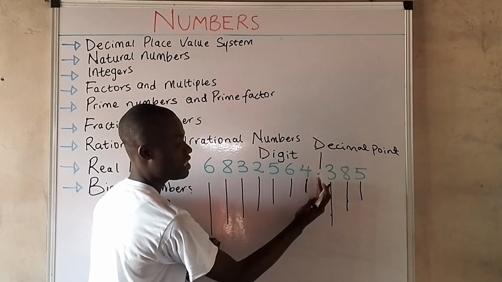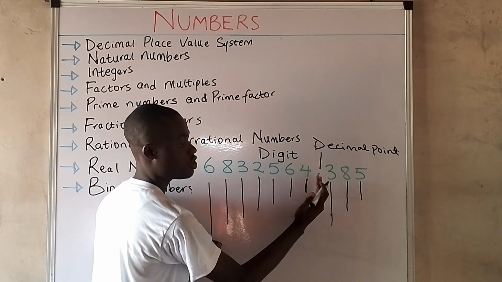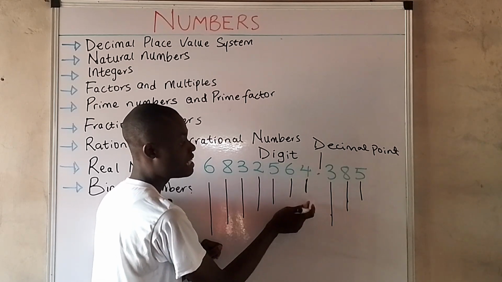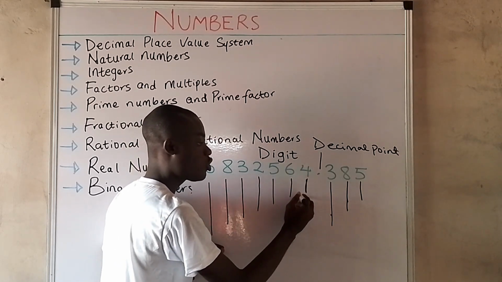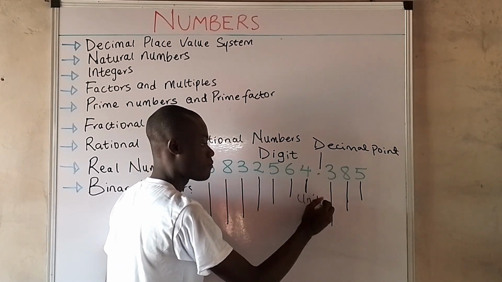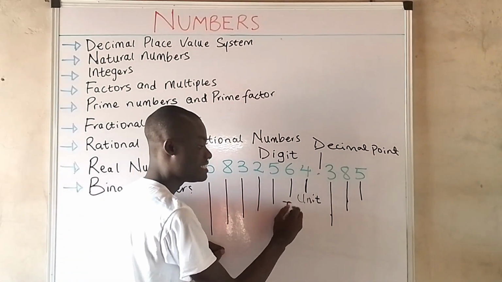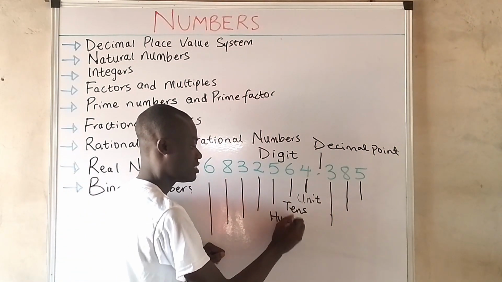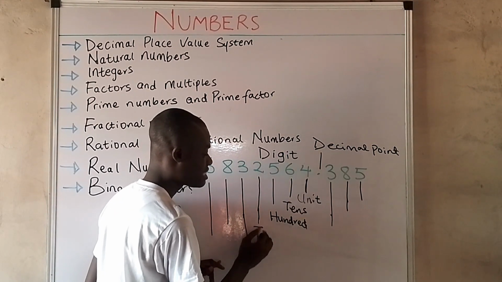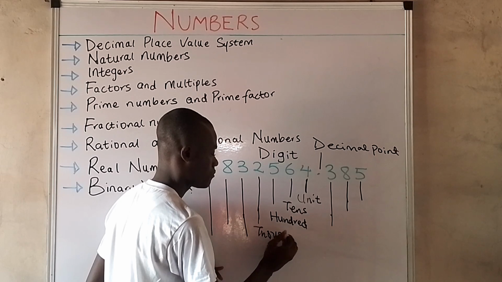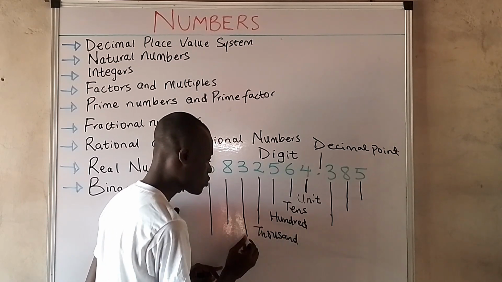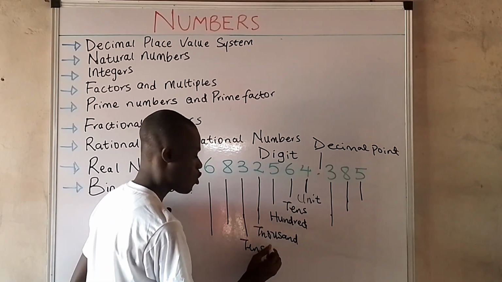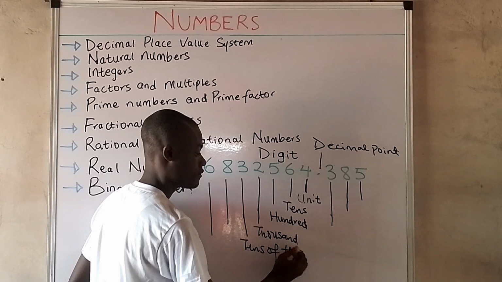Immediately towards the left, just from your decimal point, the first place value is called the unit. Moving on, you have tens. Then moving on, we have hundreds. Then after hundreds, we have thousands. Then after thousands, we have tens of thousands.